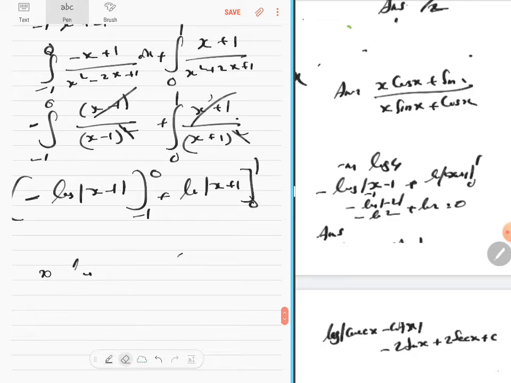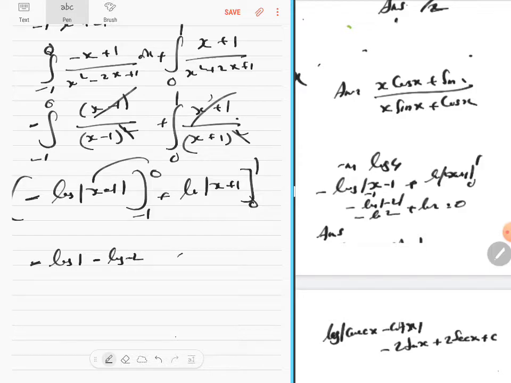So we'll substitute the limits. Minus log of 1, minus log of minus 1 is minus 2, log of minus 2, yeah. When you substitute the upper limit it's log of minus 1 with a mod, right?